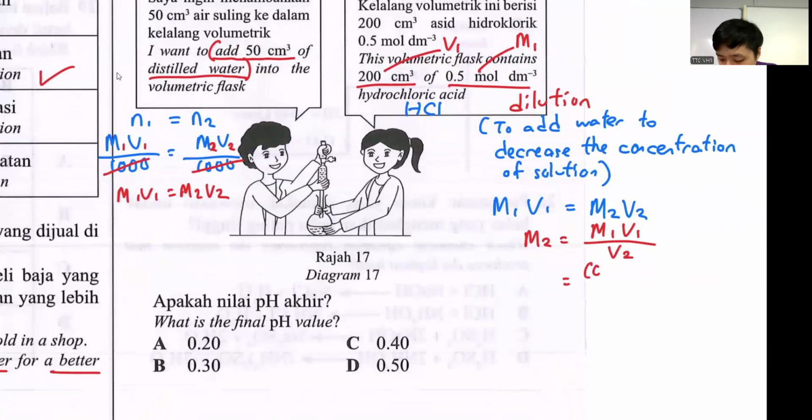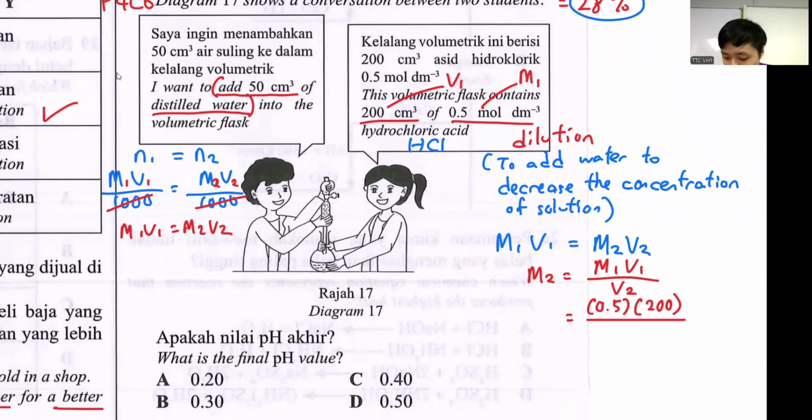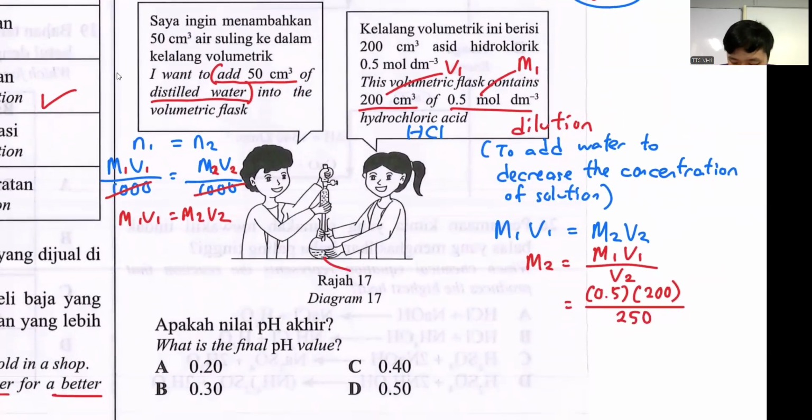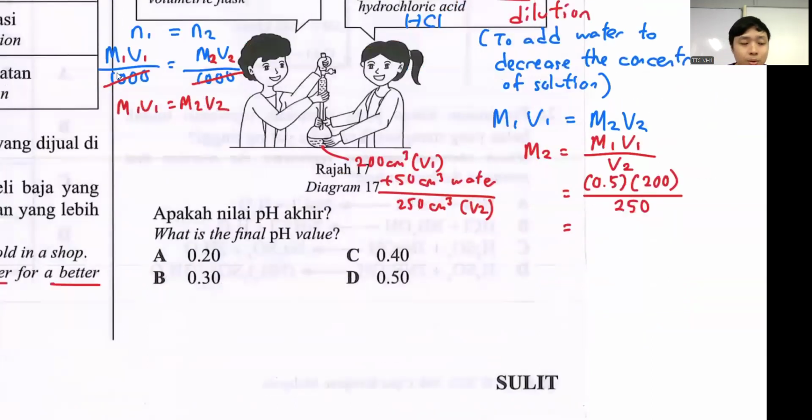M1V1 is 0.5 multiplied by 200. What is V2? V2 is not 150, wrong. V2 is 250, because at the beginning it is 200 cm³ as V1, and V2 is V1 plus water. You add 50 cm³ of water, so your V2 is supposed to be 250. Be careful with this. So you will get how many?